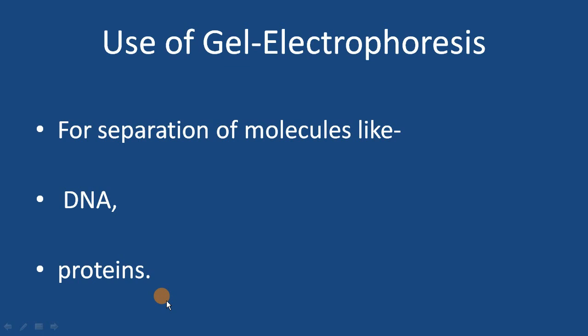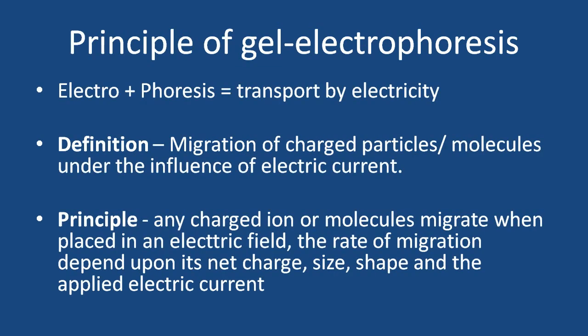Before looking into what we do in this technique, we will see the definition and principle. It is a combination of two terms, that is electro plus phoresis, transport by electricity. This we have studied in our second or third slide.